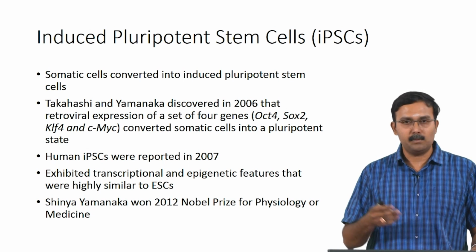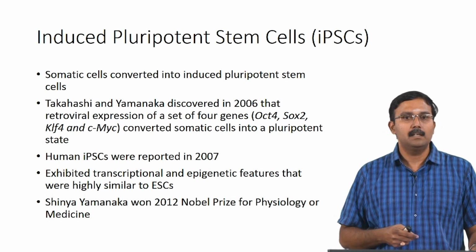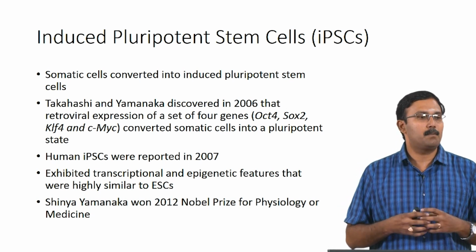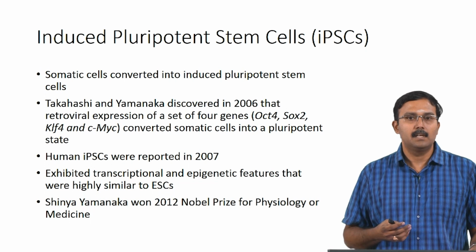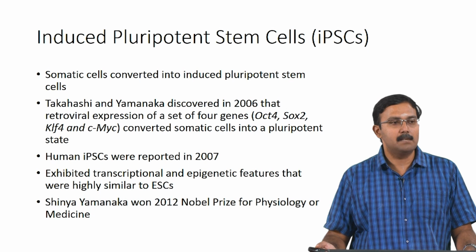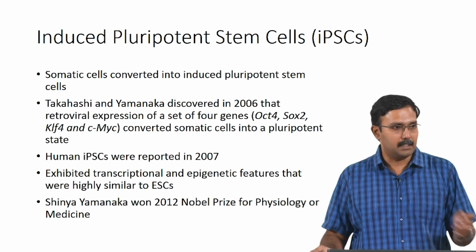Human iPSCs were then reported a year later. These cells have very similar properties as embryonic stem cells. Yamanaka won the Nobel Prize in 2012 for physiology and medicine for this discovery.